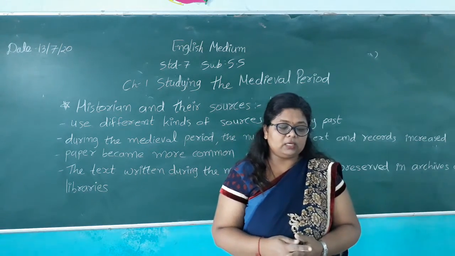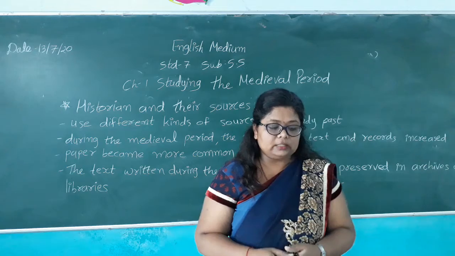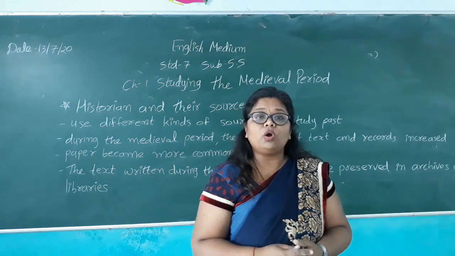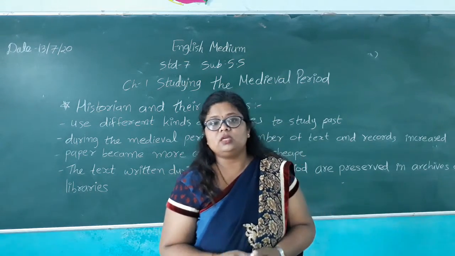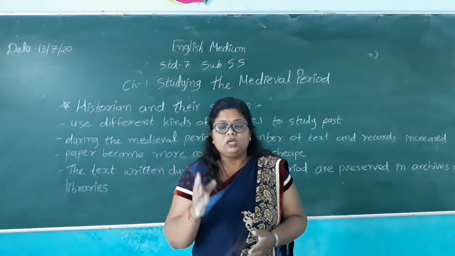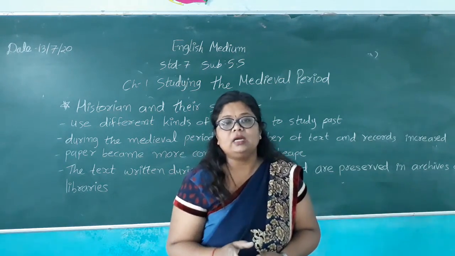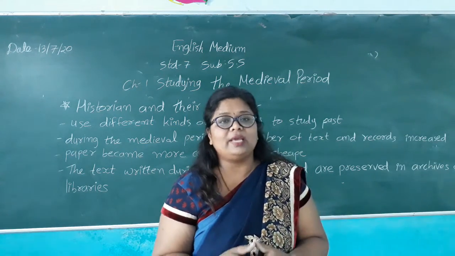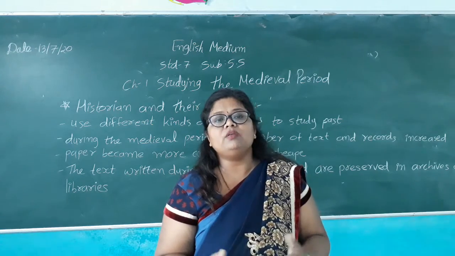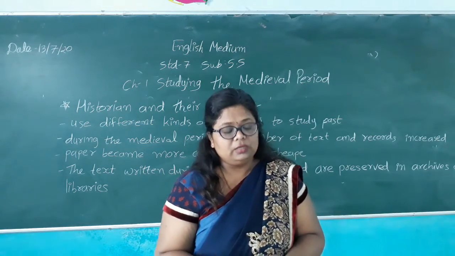For example, the kingdom of Kalinga, which consisted of parts of modern-day Odisha, no longer exists. If you search for Kalinga on the map, you will not find it, because it may have separated into other regions.